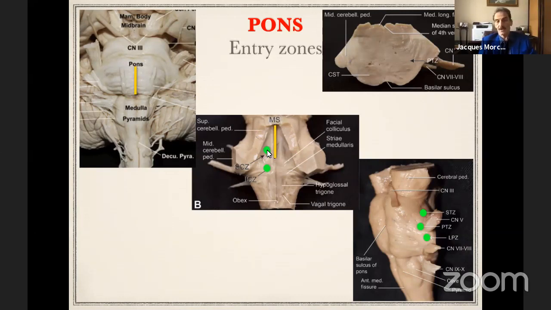But these are useful entry zones in green: suprafacial triangle, infrafacial triangle, the facial colliculus being here. And these are the most useful ones from laterally: supratrigeminal, peritrigeminal, and lower pontine zones around the exit of the fifth nerve. And of course, you can also go more peripherally or posteriorly into the middle cerebellar peduncle.